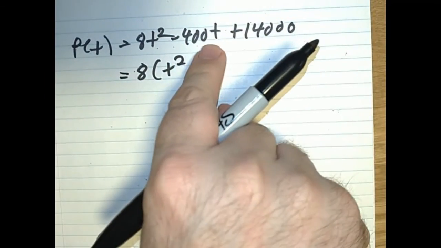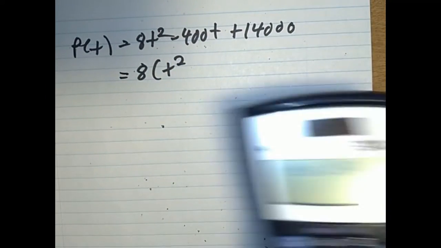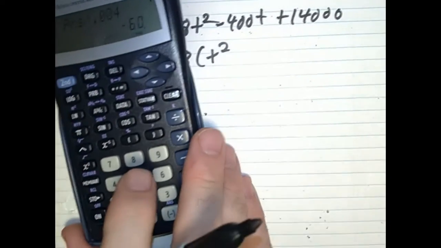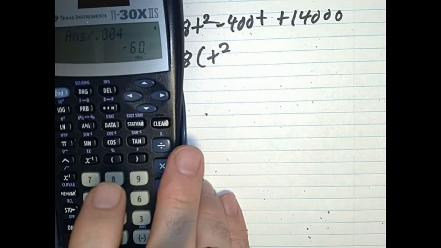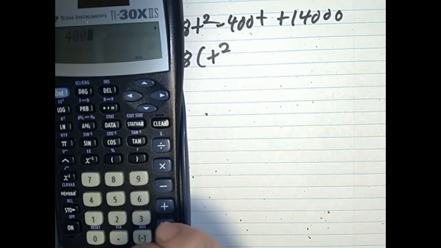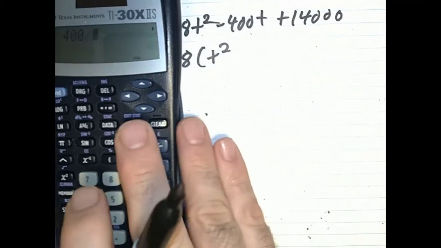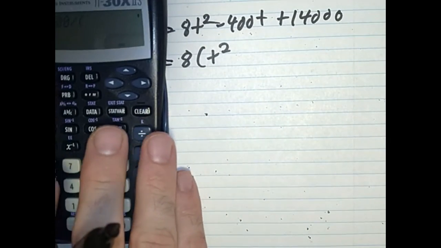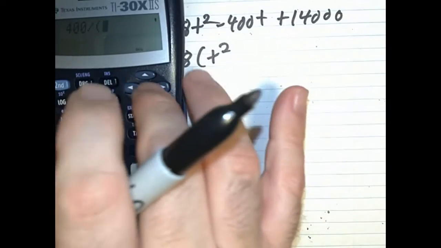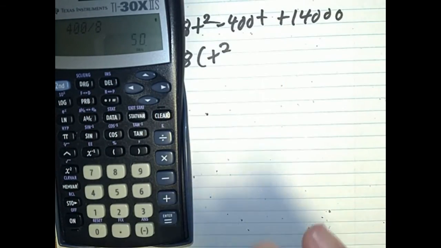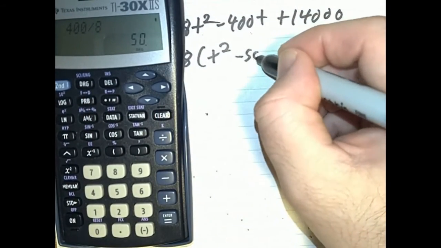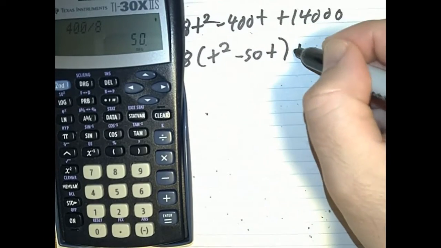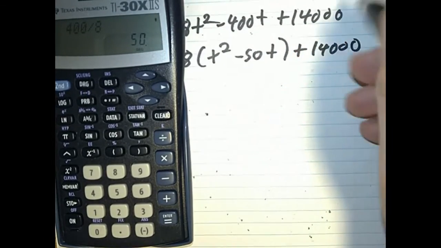So we're going to take 400 divided by 8. I kind of like completing the square better than the other one, don't know why. So 8t squared minus 400t plus 14,123.